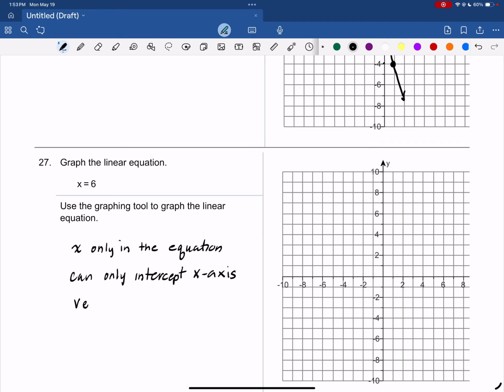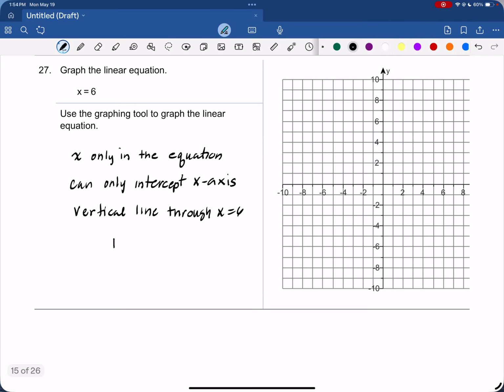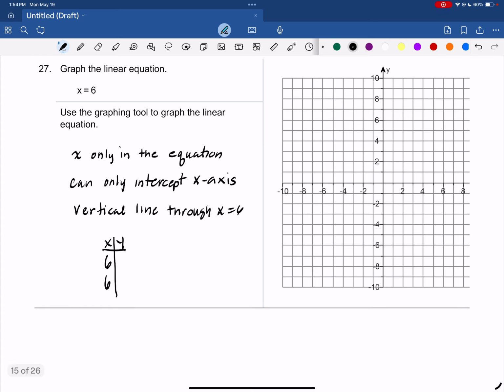That means it has to be a vertical line through x equals 6. You could also think of this as, I'm going to make a chart, and it tells me that x has to be 6 all the time. But it doesn't tell me anything about y, so I'll just pick 0 and 1. So I go (6, 0), (6, 1), and notice those line up for a vertical line. And it's got undefined slope, because it's a vertical line.